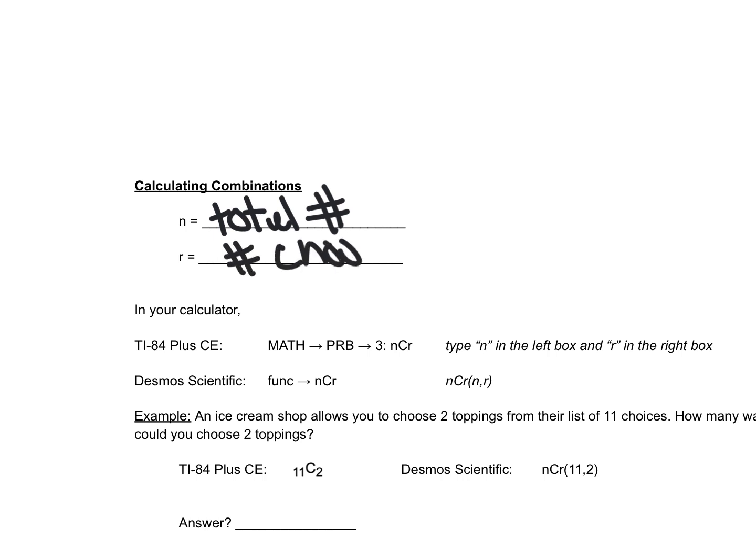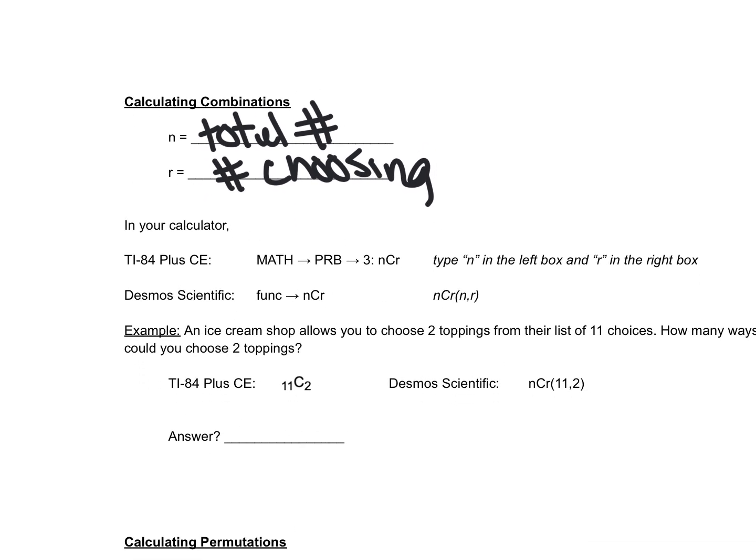How many are you choosing? On our scientific calculators, I always say, all good things come from math. So you're going to hit the math button, arrow over to the probability, and the third one down will have a C and a little N and an R. We are not using the Desmos scientific calculator.